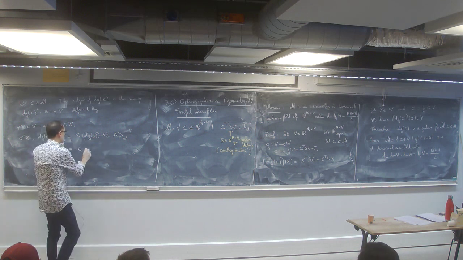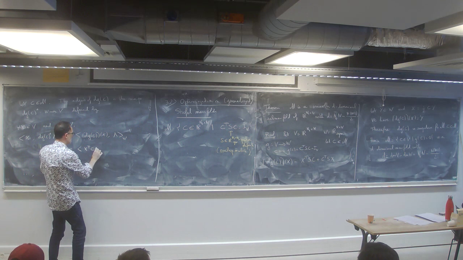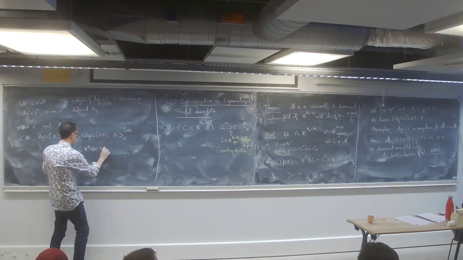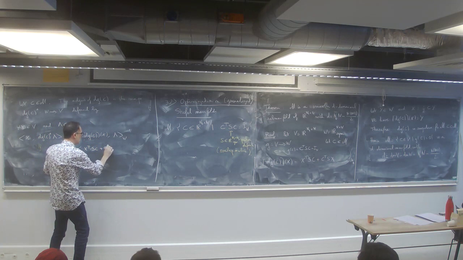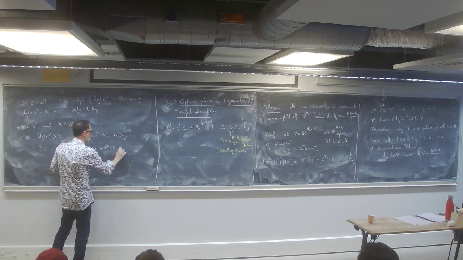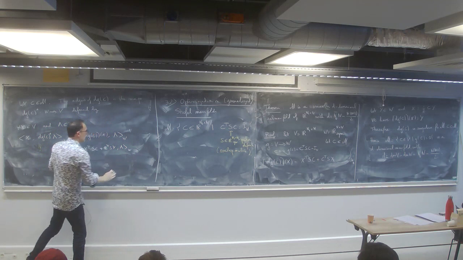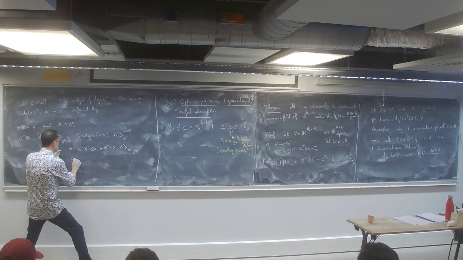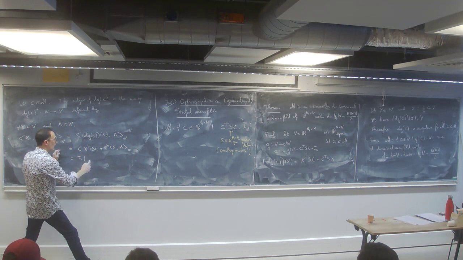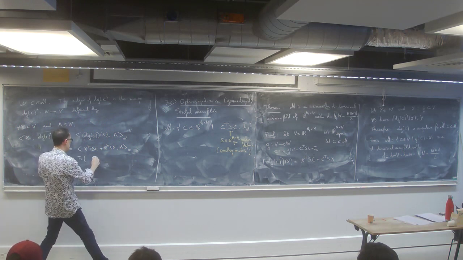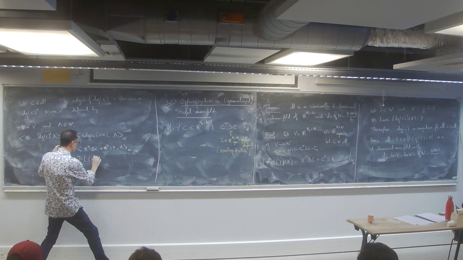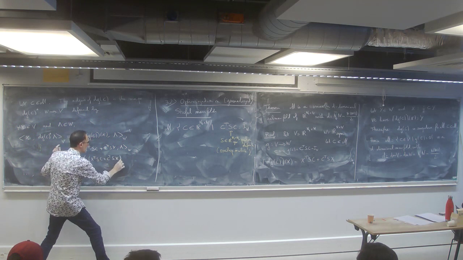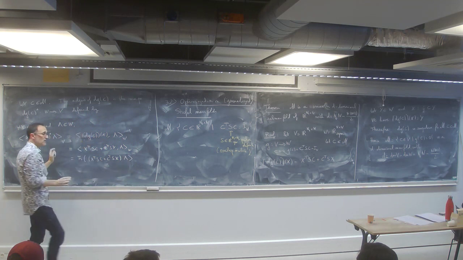It is X star SC plus C star SX, with lambda. So here we use a Frobenius inner product. So this is just the trace. These are all symmetric matrices, so I don't need to bother to transpose the matrix.